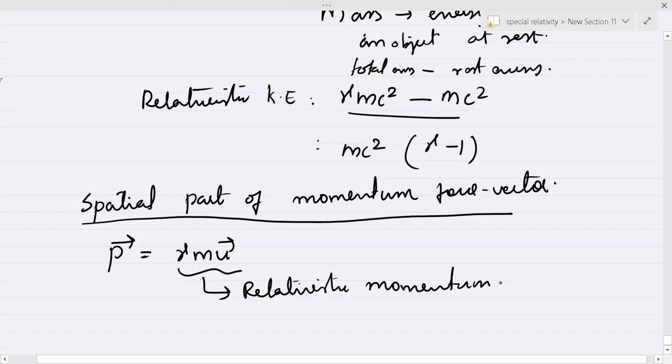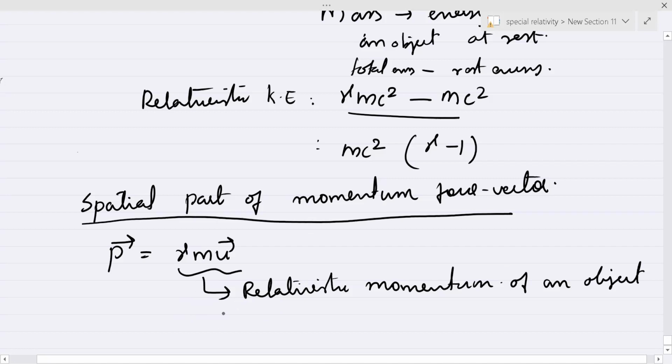Why do we choose this quantity as relativistic momentum? Because it has a nice property that you can see that in particle collisions, etc., it's conserved. Okay, all right. We already saw this, but I'm introducing it again in this direction.